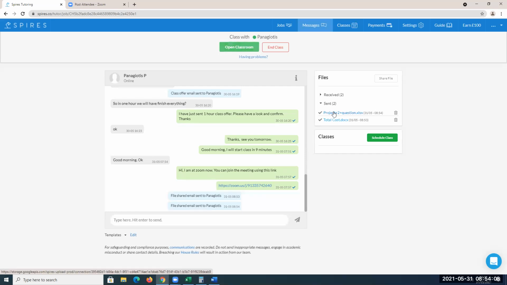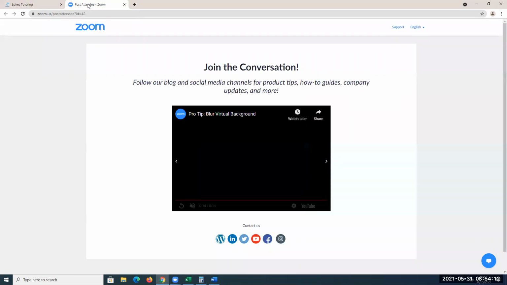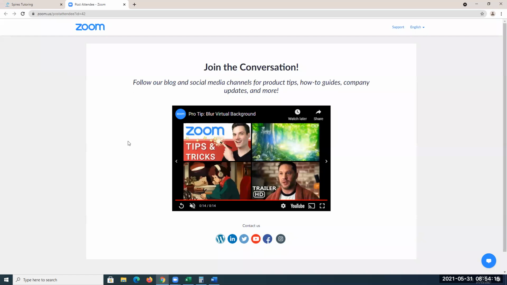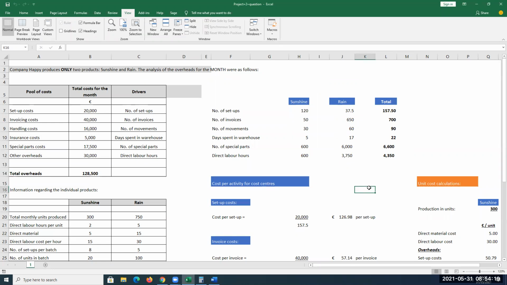Once you download it, just have a look. If you have any other question, you can ask me. So just have a look at this solution. If anything is not clear, just ask me. I can explain it to you because we still have 6 minutes. And open both files to make sure that you can open both files properly.